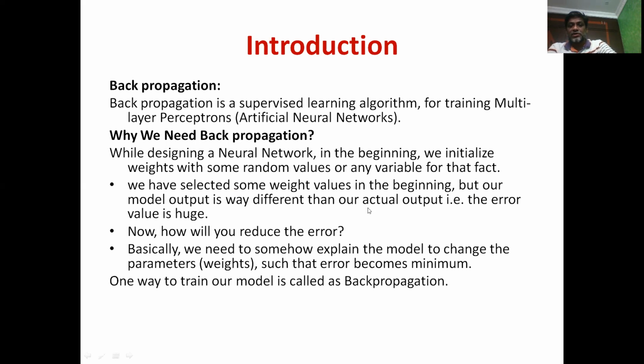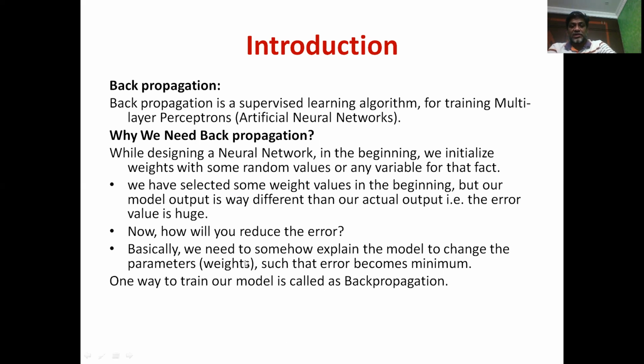If the desired output and the actual output produced by the neural network are not the same and the error is very huge, then we need to reduce the error such that the neural network performs efficiently for a given input. So how do we reduce this error?